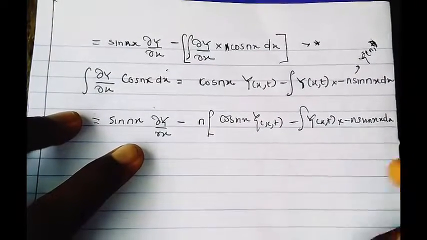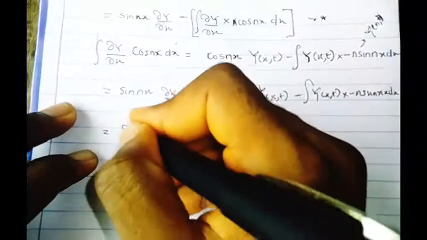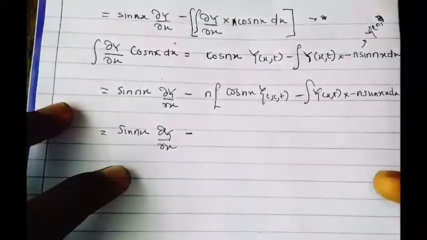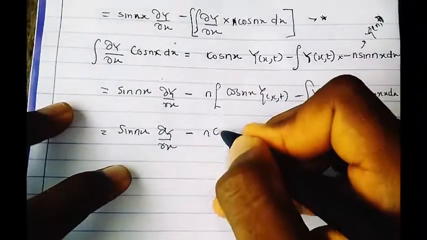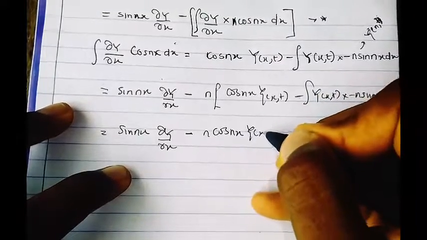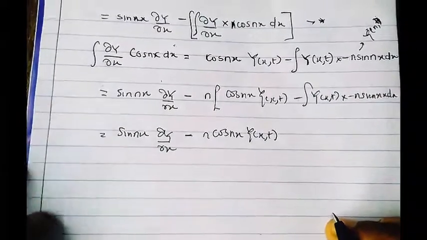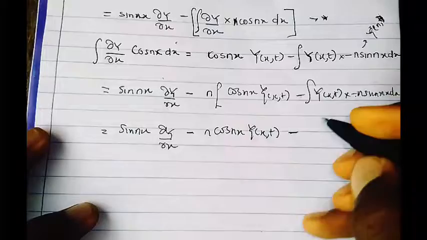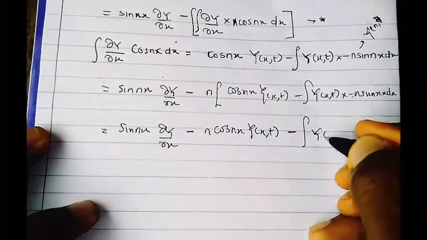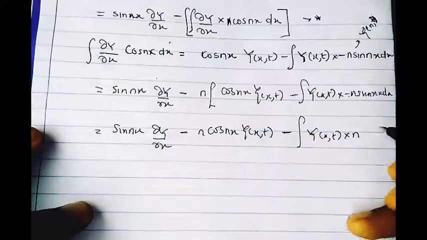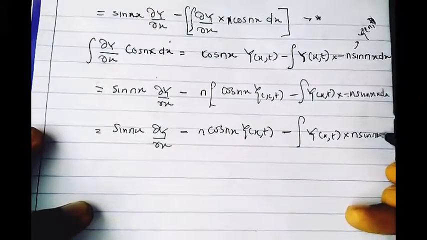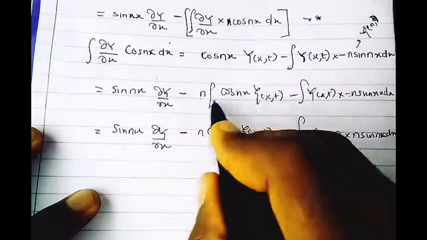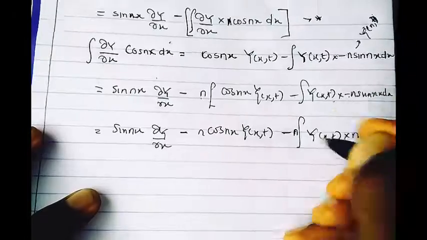Minus times minus is plus, so we'll be having sine nx dy/dx minus n cos nx y, a function of x and t, and minus, since there's an n here, the integral of y, a function of x and t, times n sine nx dx.